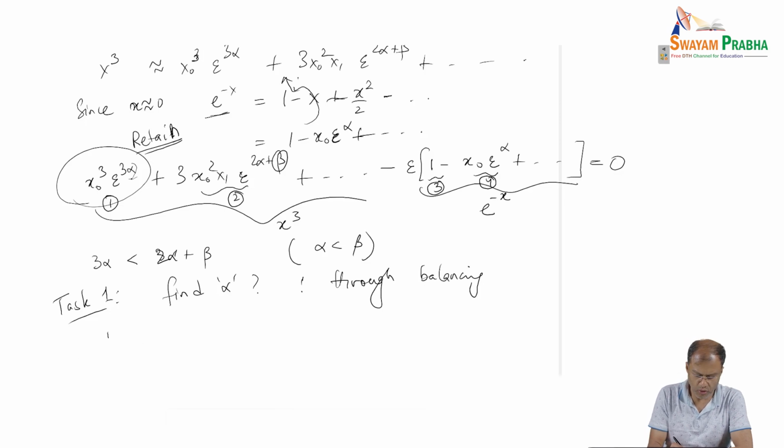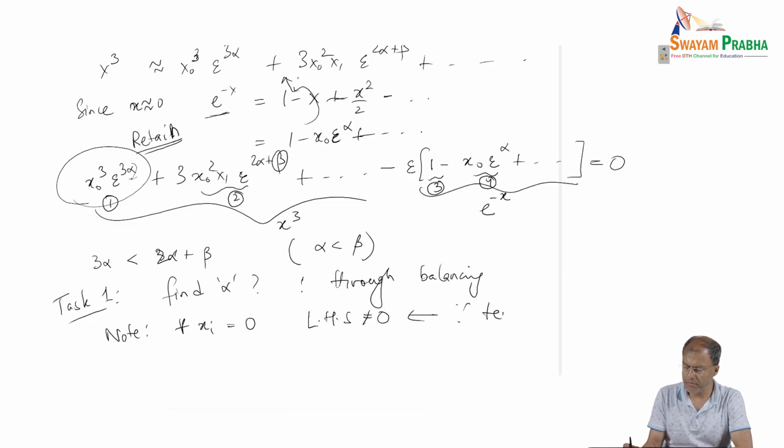Note that for all xi not equal to 0, the LHS cannot be 0. Why? Because of term number 3. We have a term sitting with epsilon, where for epsilon not equal to 0, term number 3 will contribute a non-zero term, and we will have the LHS to be non-zero.